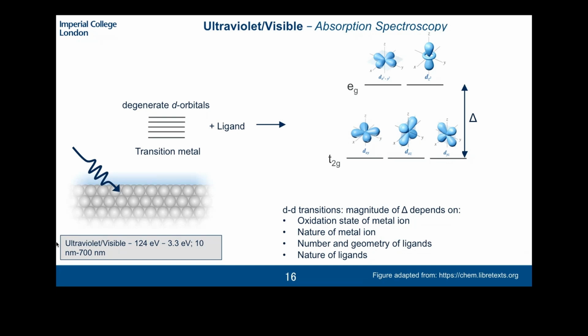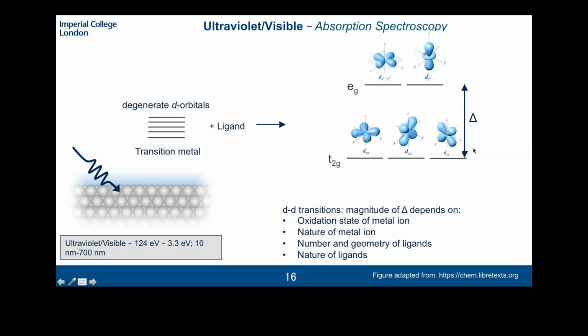This relies on some knowledge of crystal field splitting. For example, if you had a transition metal ion, you'd have degenerate d orbitals. Then in the presence of a ligand, in this case an octahedral ligand field, you can split those degenerate d orbitals into t2g orbitals and eg orbitals.